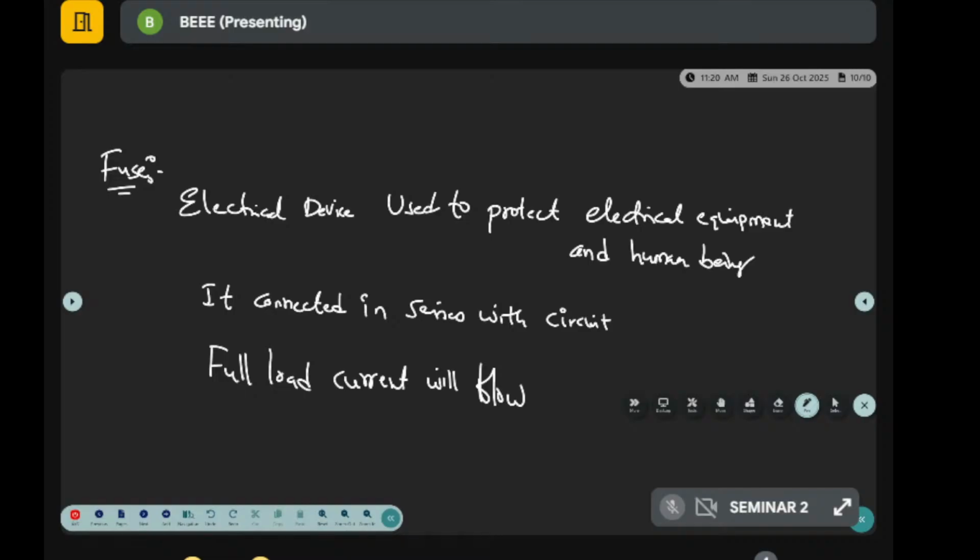Because it is a protecting element, you can say fuse is a protective device or element.